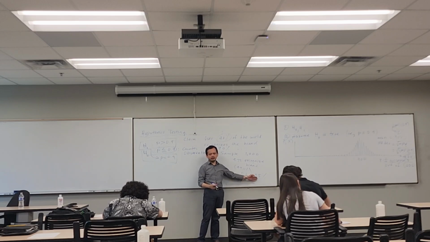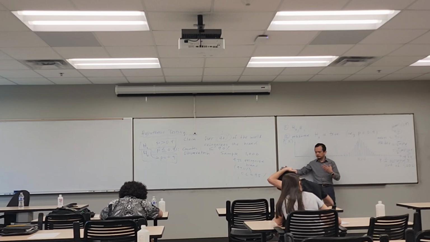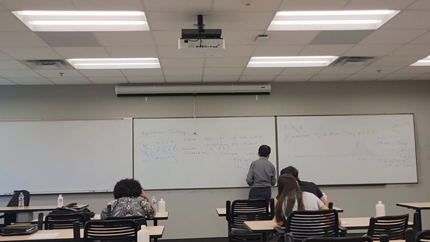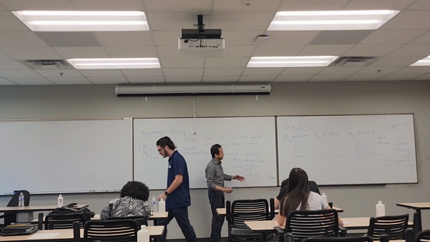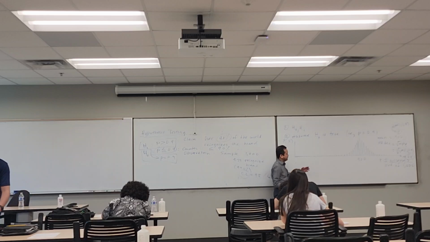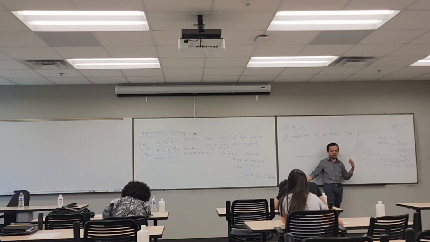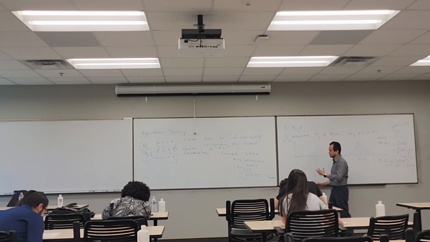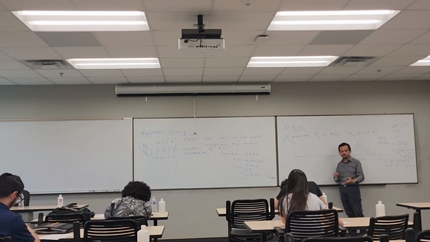So if the confidence level is 95%, that means that visually, the area of the body of the distribution is that number, 95%. That leaves out the rest, which is 5%. That will be divided across the tails of the distribution.